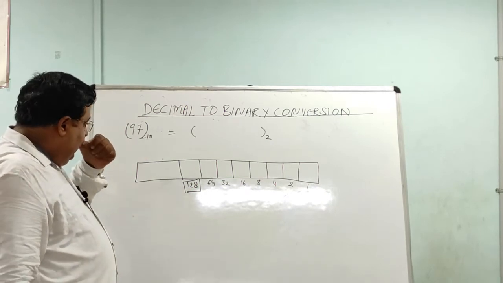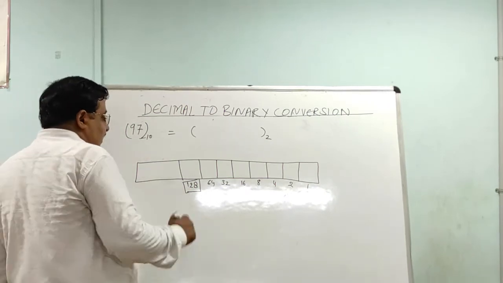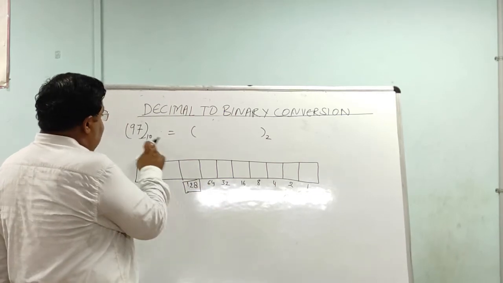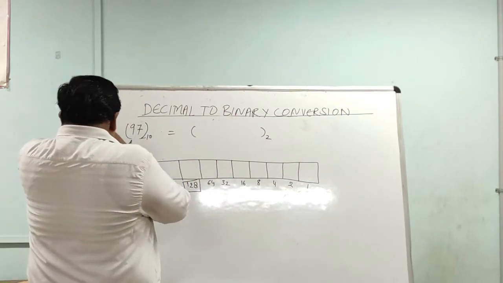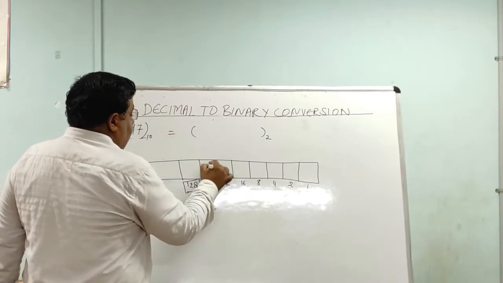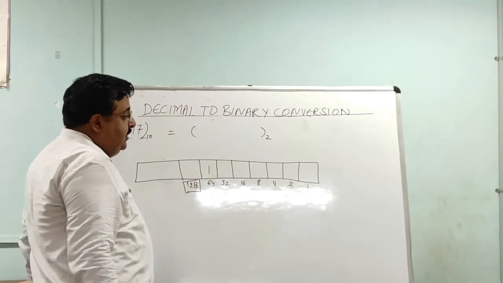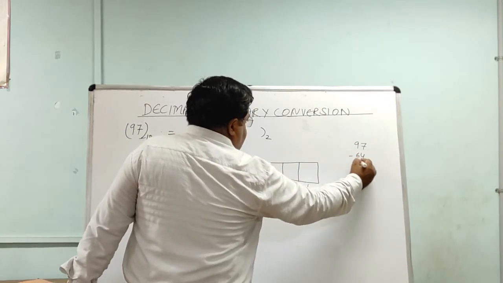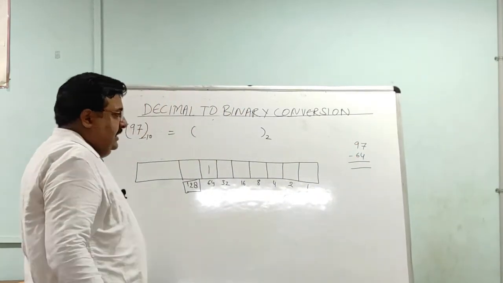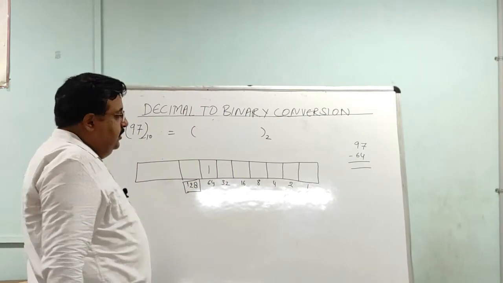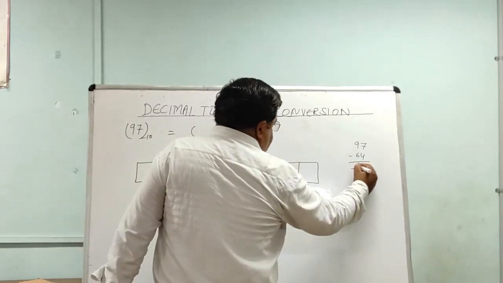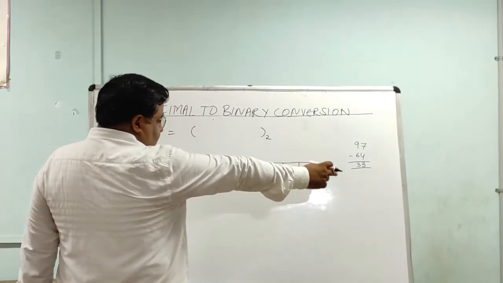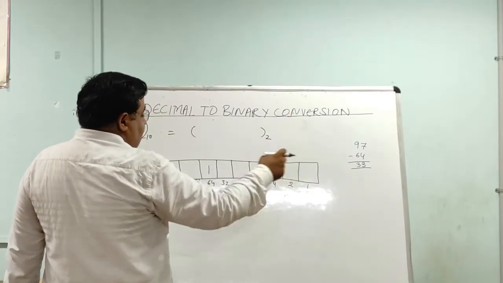So I will move to the 64. I can see that 64 is less than 97. So I will put a 1 here, and from this 97 I will subtract the 64. So I will get 33. Okay. 33 is greater than 32.